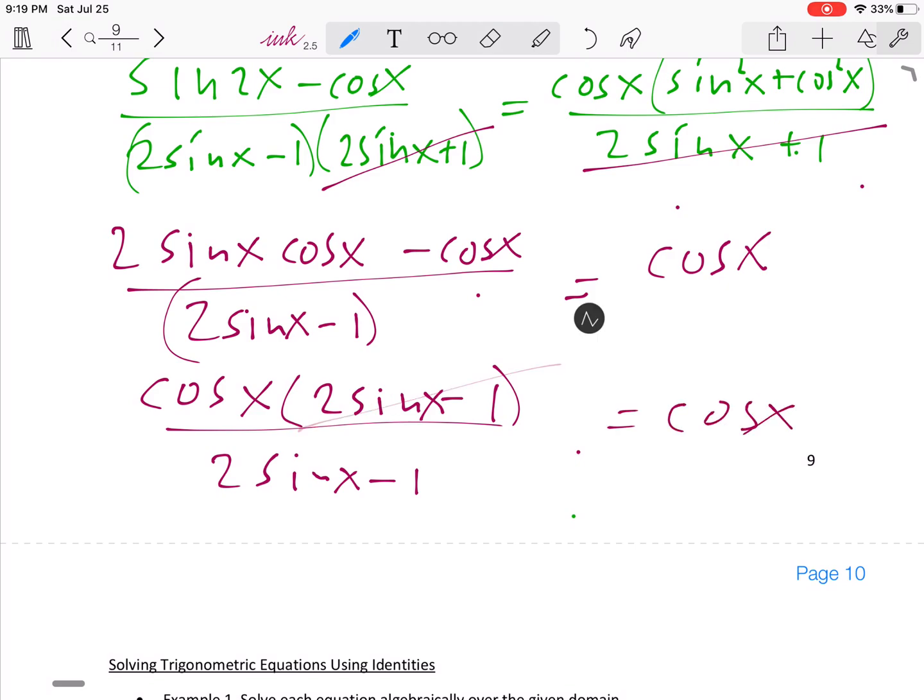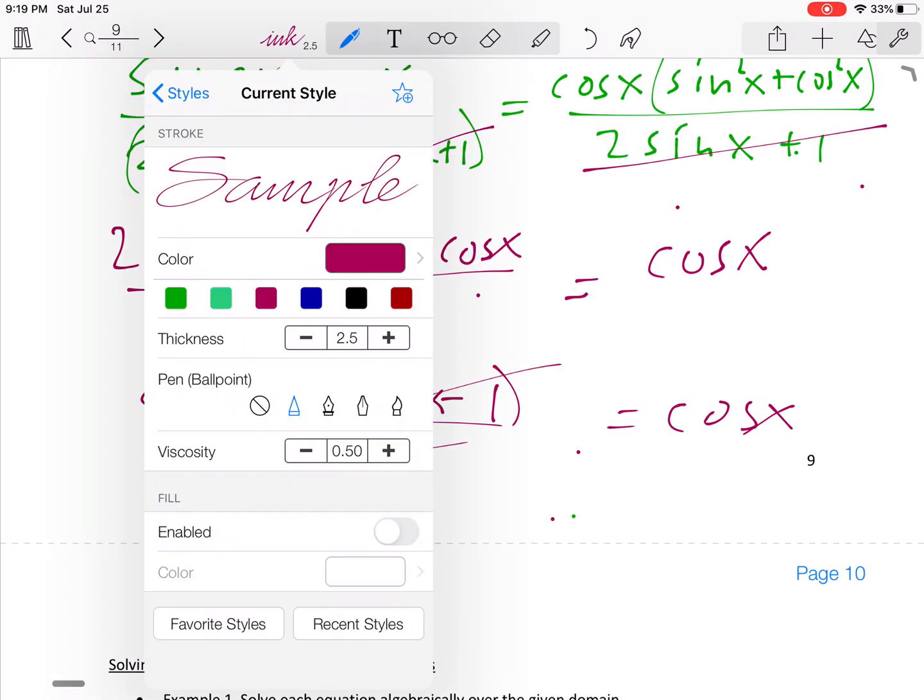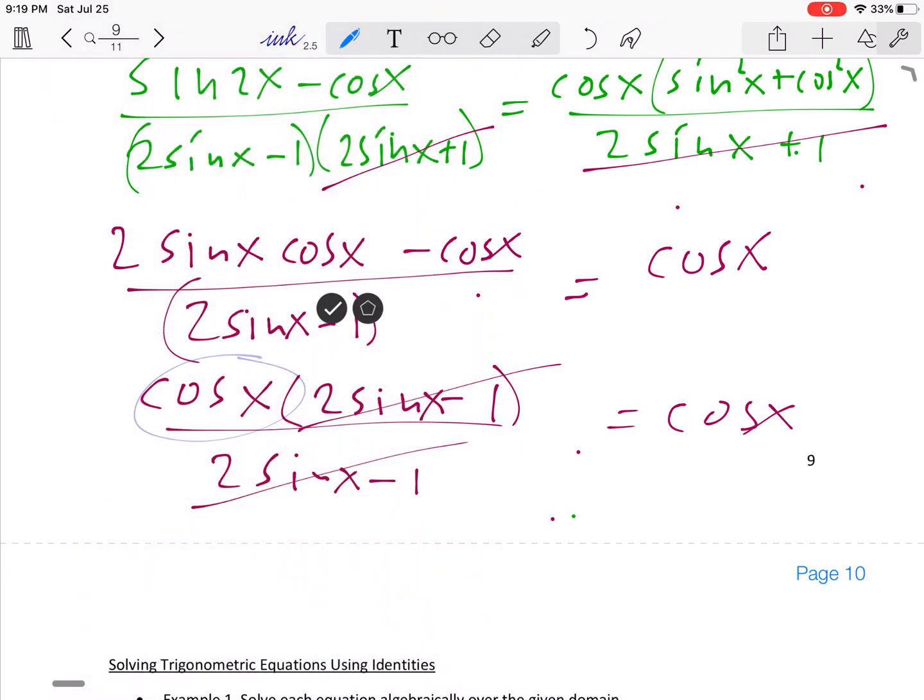And so the 2 sine x minus 1s cancel out, and so you're left with cosine x equal to cosine x. Okay, and that proves that one. Okay, so we'll stop here, and now you can work on the corresponding questions.